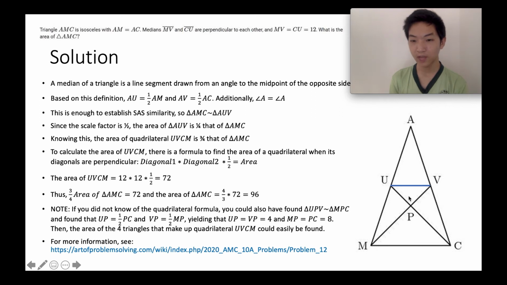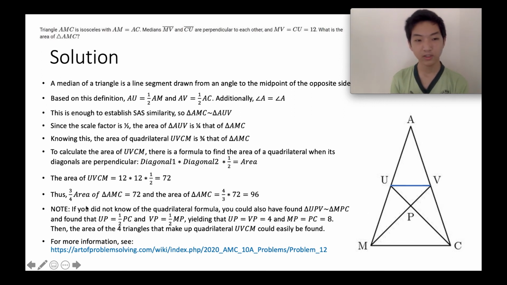You can see that MV is the base of both right triangles, while UP is the height of MUV, and PC is the height of MCV. Well, UP plus PC is UC, so then that means that the height times the base of both triangles times 1/2 would be the combined area. If you still don't understand it, don't worry about it too much, as I will be going over it in more detail in the next video.